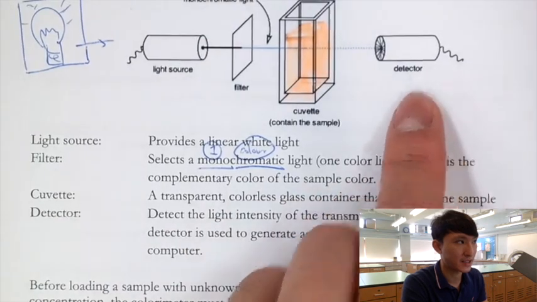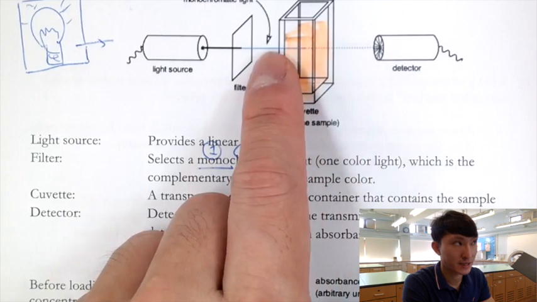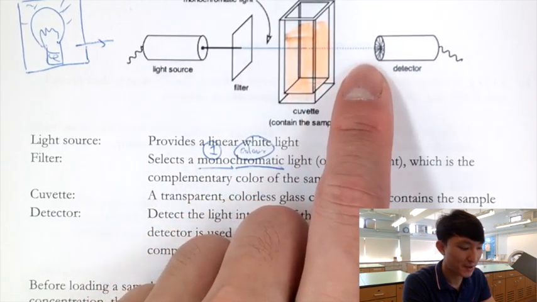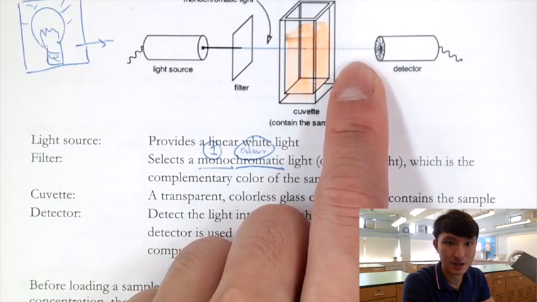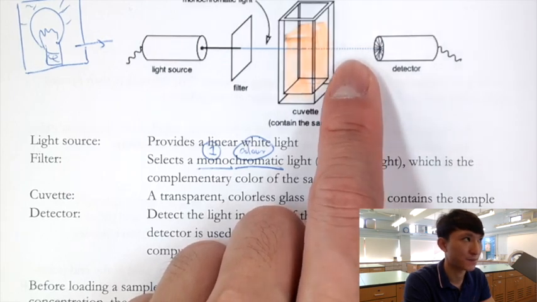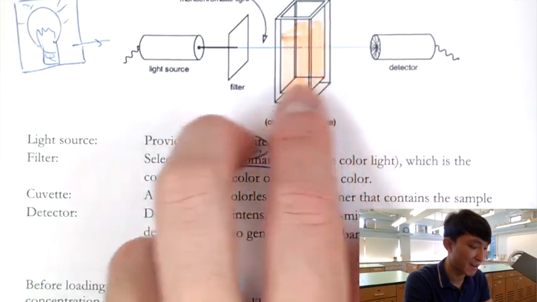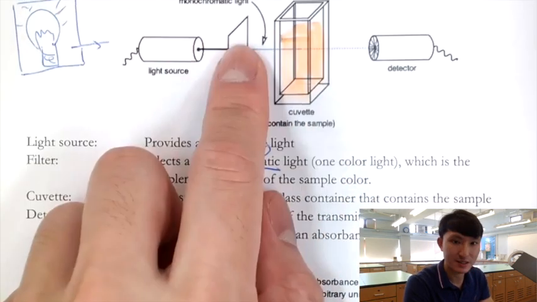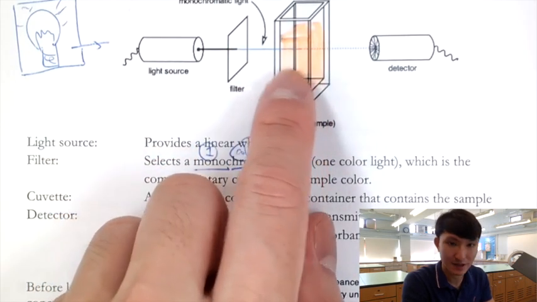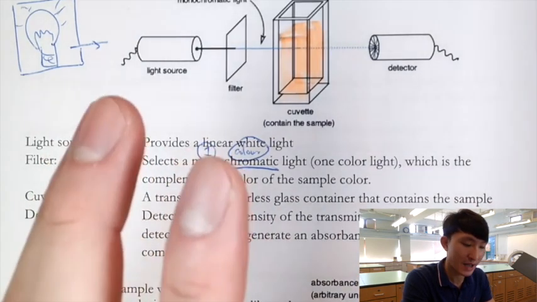And lastly, we have a detector, which is basically to detect how much monochromatic light is able to pass through. So obviously you will expect to see a decreased light intensity because part of the light is being absorbed. So basically they are comparing the amount of light that is directed at the sample before and after it passes through the sample, and the difference allows us to find out the absorbance.